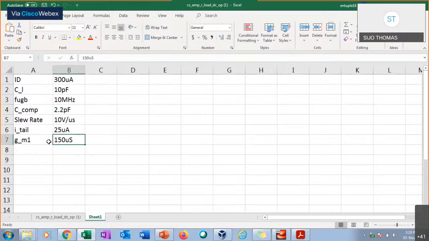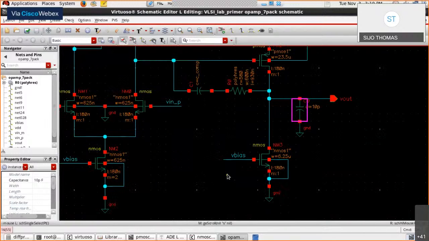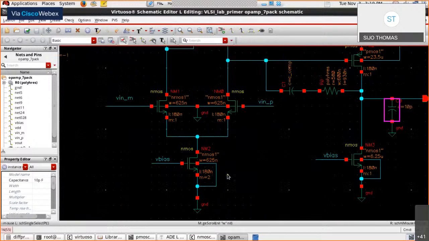Now we have GM and we need the ID value. The total I tail value is equal to ID1 plus ID2. If you go to the schematic, Naveen, can you zoom to the input stage?